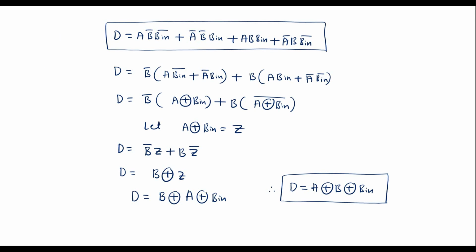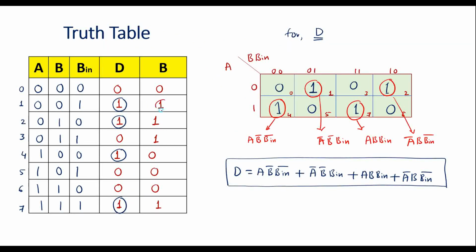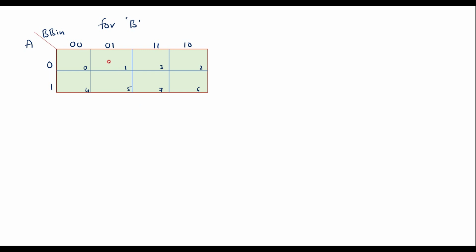So now therefore here we have 1, that is 1, 2 and 3, and 7. So in cells 1, 2, 3 and 7 we have to write 1. In all other cells the value is 0. Now let me simplify this further.